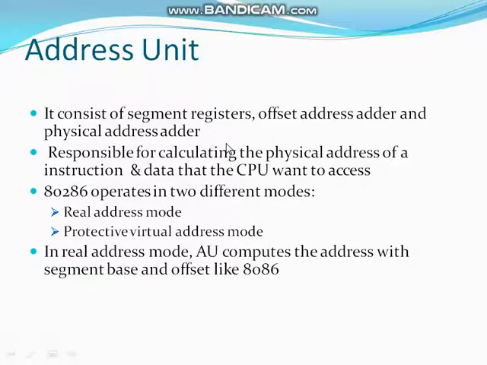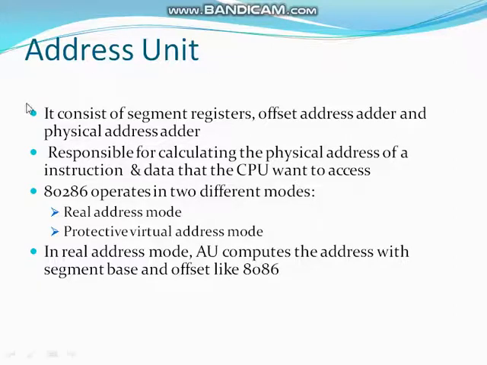So why are we considering the address unit first? It is very simple: whenever you have to perform any task, either you have to send the data or receive the data, that means read the data or write the data. First of all, you have to find the address of the memory location or IO location.